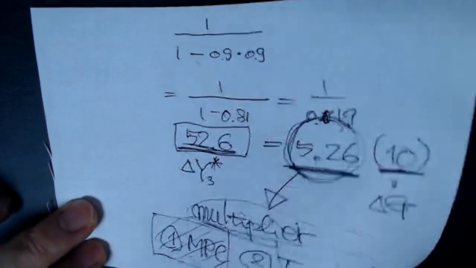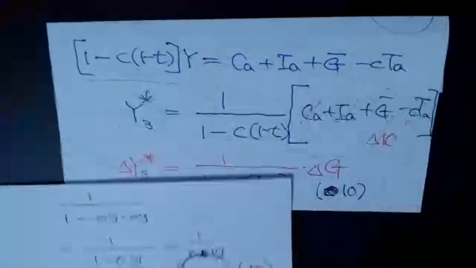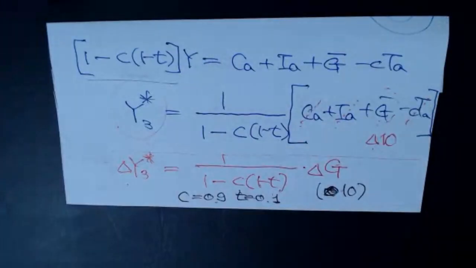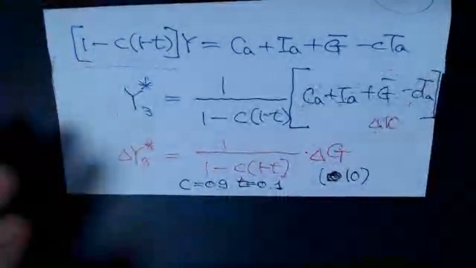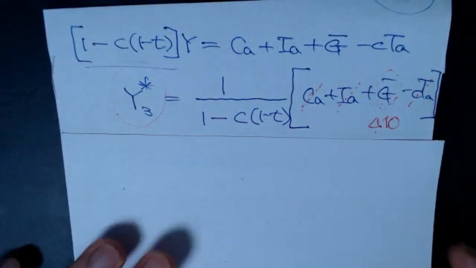But everything is getting complicated. So we have two types of multiplier. We're going to use this equilibrium condition again soon. One type of multiplier we just explained.